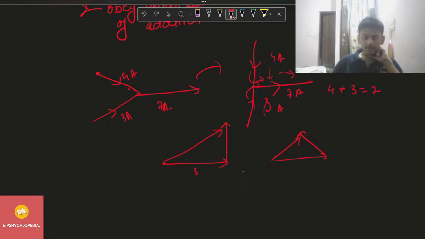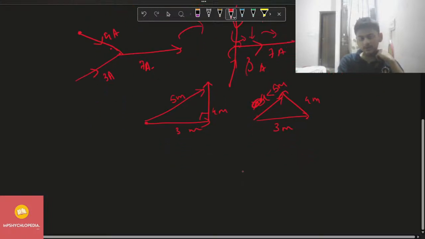Let's say it is 3 meter, 4 meter, then it will not be 7, it will be 5 meter, because I have tried to make it a perfect 90 degrees. And if this is 3 meter and this is 4 meter, we know the displacement is definitely lesser than 5, lesser than 5, right? So it is, let's say, this is A and this is lesser than 5 meters. So vector addition is different from scalar addition.